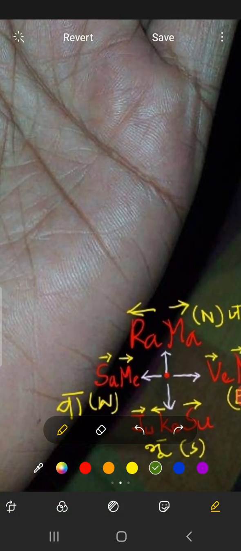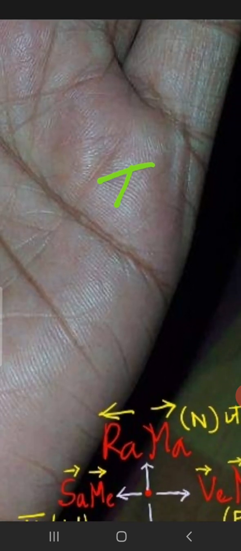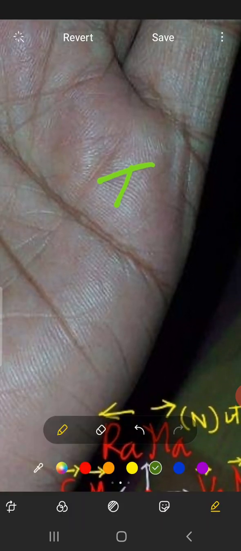All right, now let's see the Mercury. The Mercury seems to have some kind of vakri drishti falling on it.